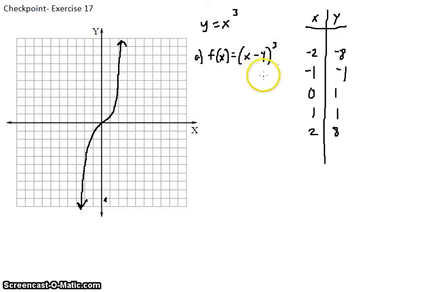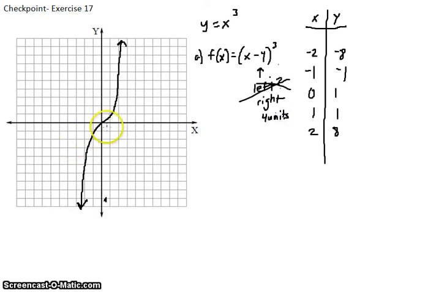So this is almost the same except for this minus 4, and the question is, what does this minus 4 do? Well, since we're subtracting 4 from x, you would think you would go left. But any time you are subtracting from an x before this main operation, it's actually the opposite. You're actually moving this whole graph right 4 units.